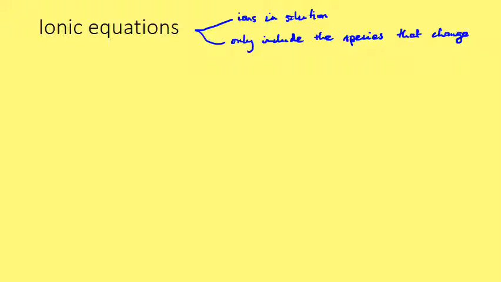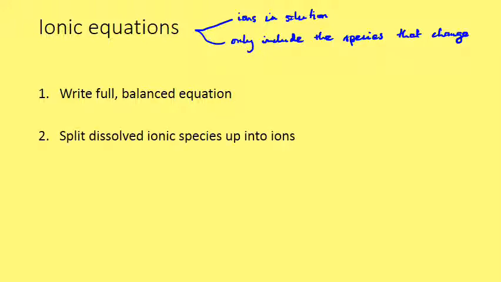equation. Okay, so we generally follow 3 steps to create an ionic equation, and the first step is that we write a full balanced equation. So we start from the normal full balanced equation, and once we have that, then what we do is we split the dissolved ionic species. So you might dissolve sodium chloride up in water, and so you would split the sodium ions and the chloride ions, you'd split them up.